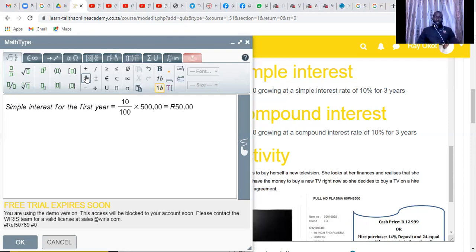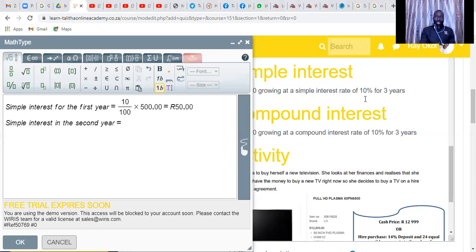Now, this is a period of 3 years. So how else do we handle this? Well, we say for the second year, the interest is calculated the same way.